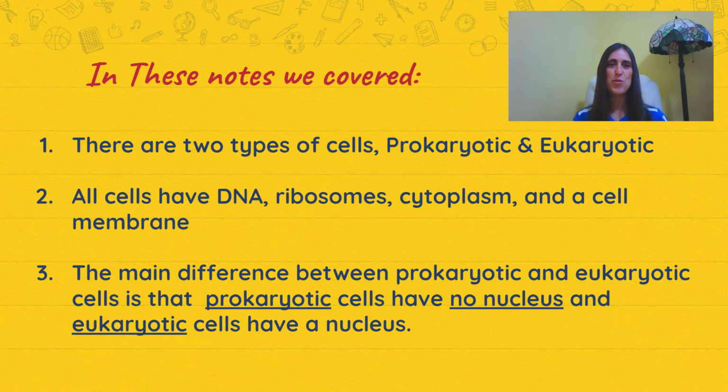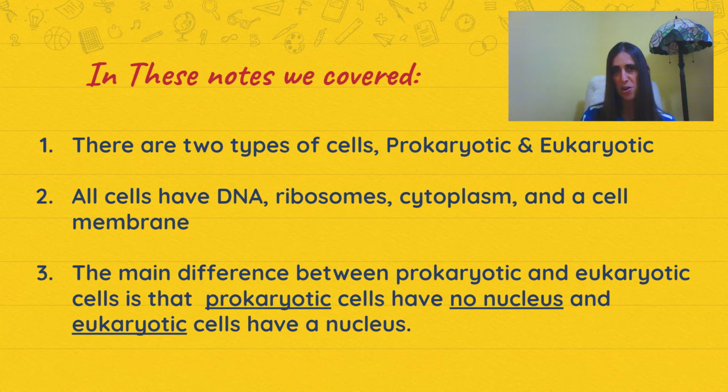In this video, you learned that there are two different types of cells. There are prokaryotic cells and eukaryotic cells. You also learned that these cells have four particular features in common. They all have DNA. All cells have ribosomes where protein synthesis happens or where protein is made.